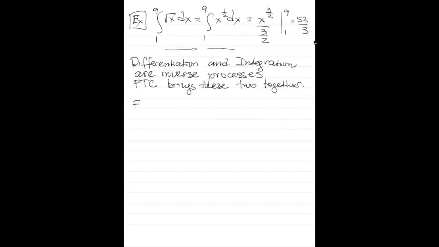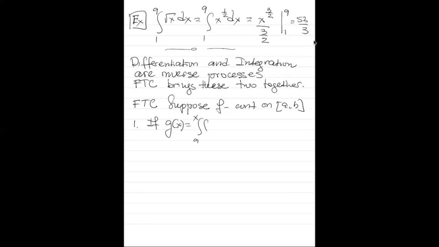All right, so let's state the fundamental theorem of calculus with both parts one more time. So fundamental theorem of calculus, suppose f is continuous on a, b. Number one, if g of x is equal to the integral from a to x of f of t dt, then the derivative g prime of x is exactly the integrand f of x.